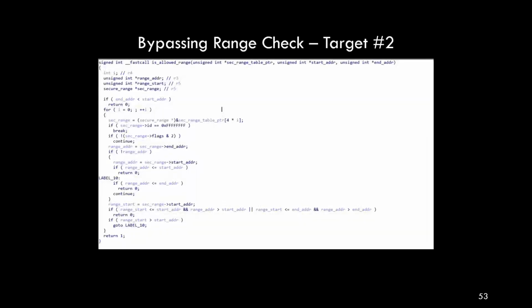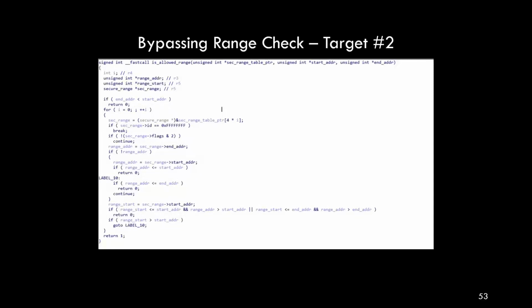But this is not where it ends, because the code that is actually responsible for verifying if the pointer that we pass is in QSEE memory or not is fairly complex. And we already looked at this is allowed range function.